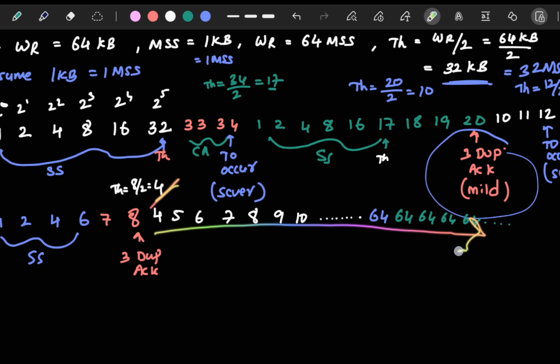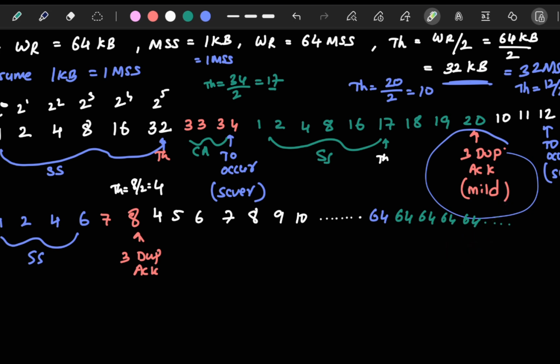After that it will keep on sending that much amount of packets, so it will keep on sending 64 segments at a time to the network, because now the network is stabilized.